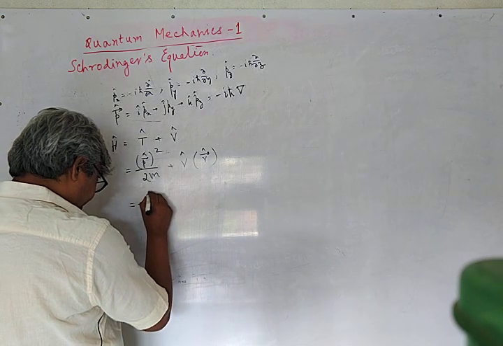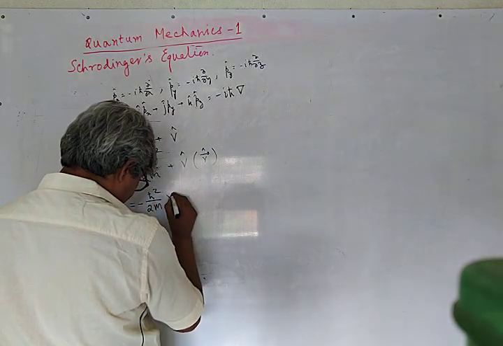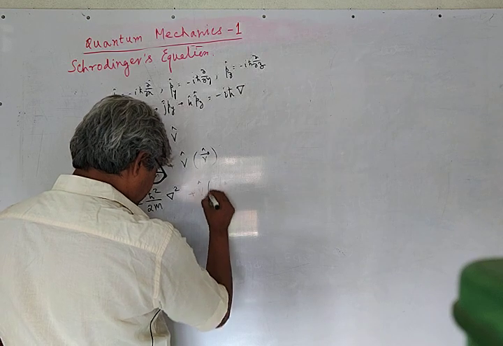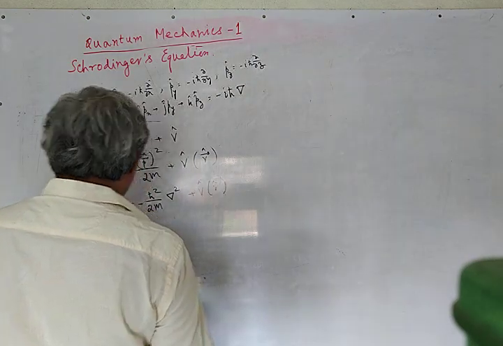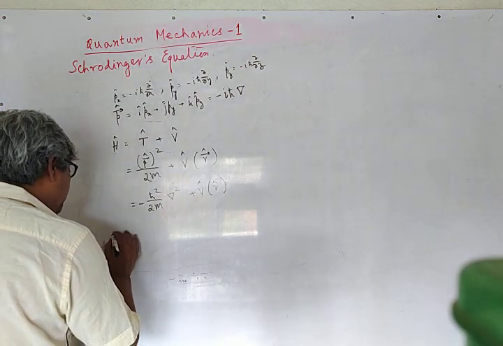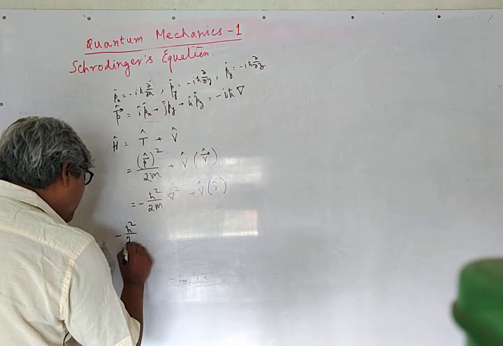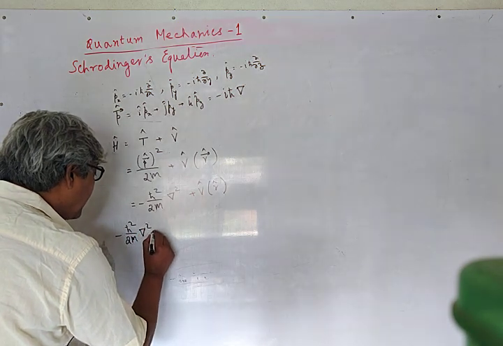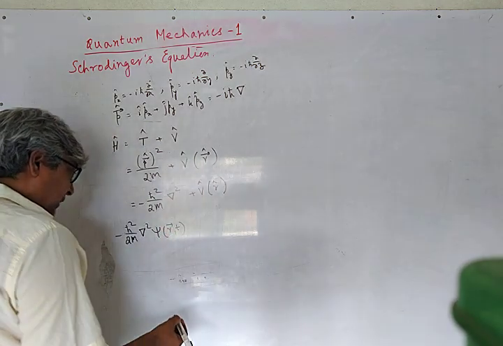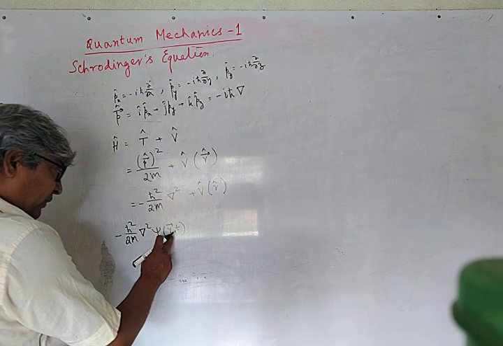So this is the corresponding time dependent Schrodinger equation: minus ħ squared upon 2m nabla squared. The wave function now depends on x, y, z and t. The x, y, z have been put in a compact form as vector r.